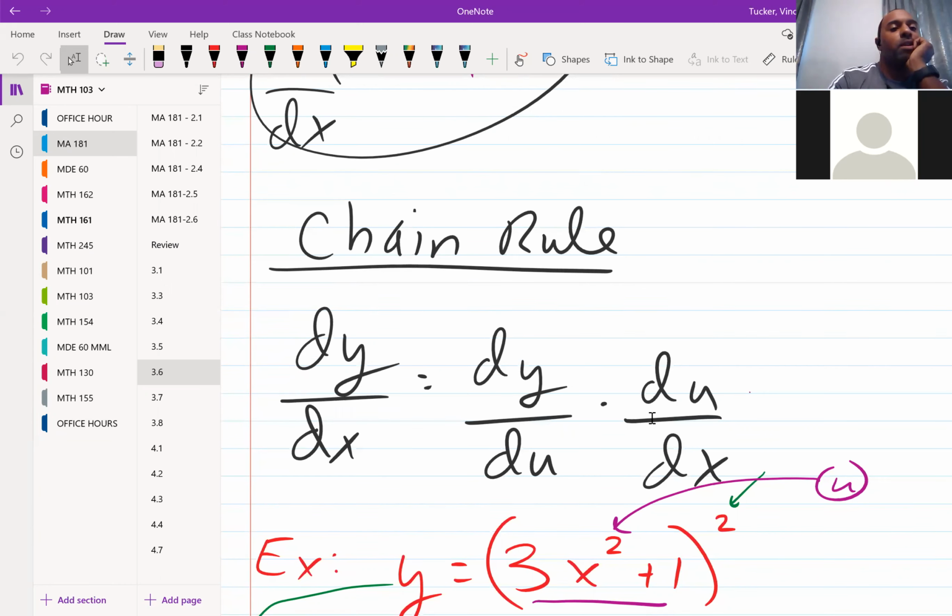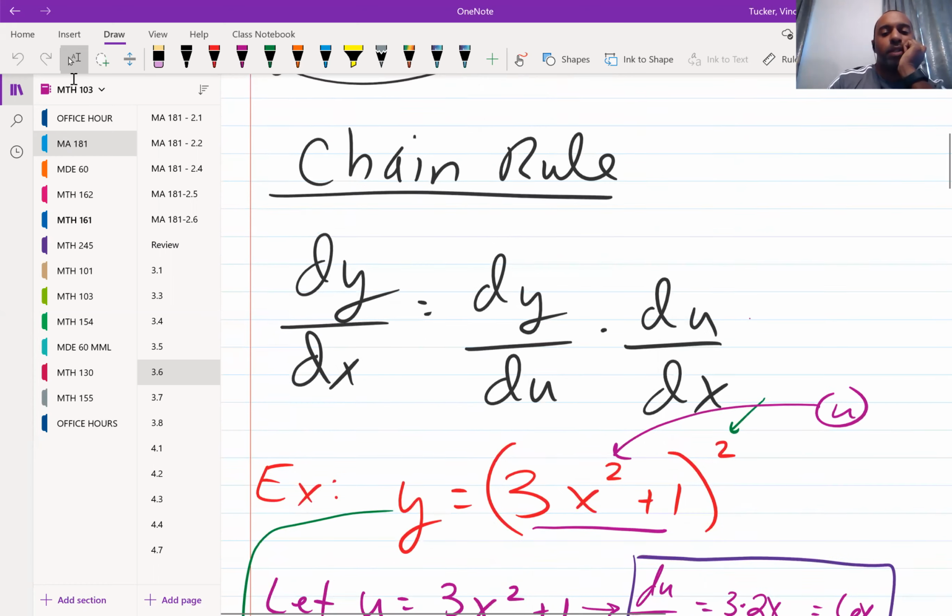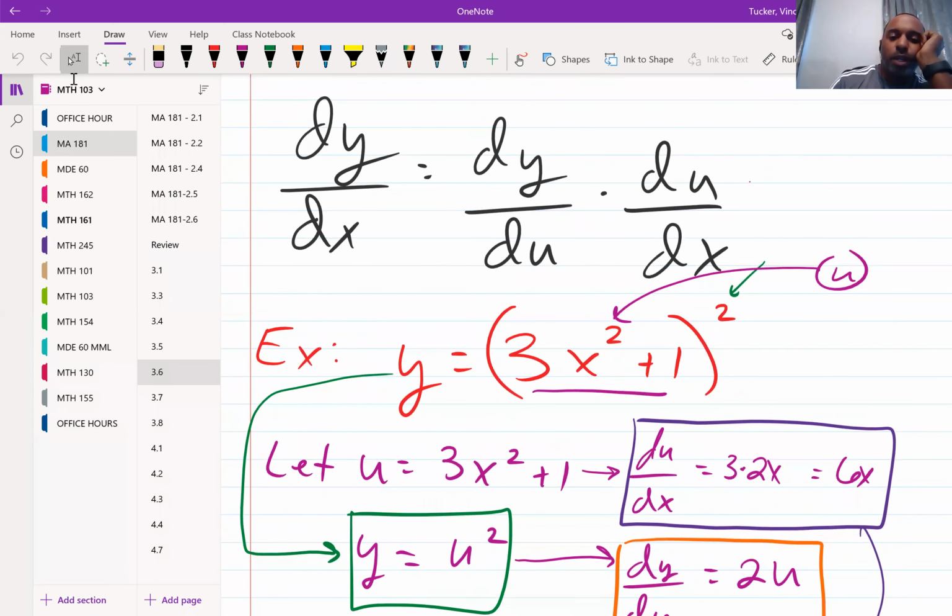But just to review the last problem that we did, we had y equal to (3x squared plus 1) squared. So we have an outside application, which is the square, and on the inside, we have 3x squared plus 1.